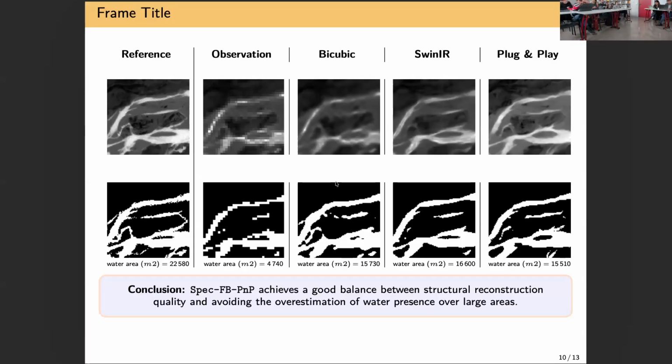So in conclusion of this study, we can say that we need metrics that rely more on the geographical and structural river aspects than the classical PSNR and SSIM. And I think the plug-and-play method was a good balance between a good reconstruction and also some good values on the classical metrics, still under SwinIR, but not bad.